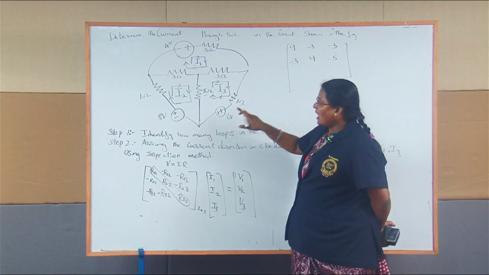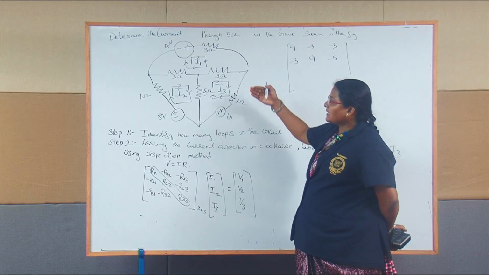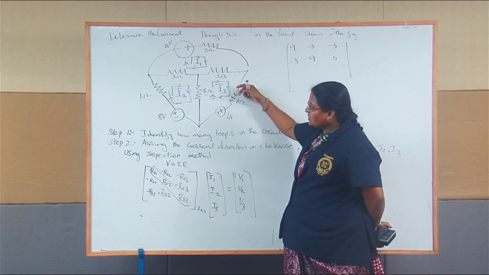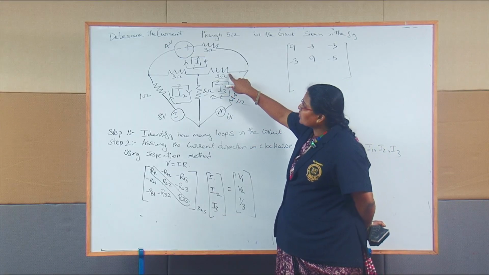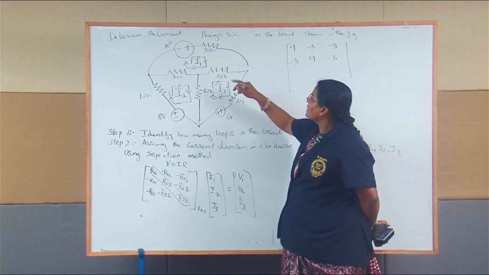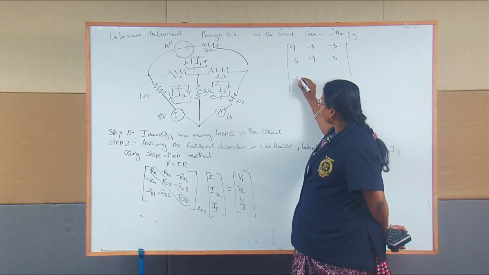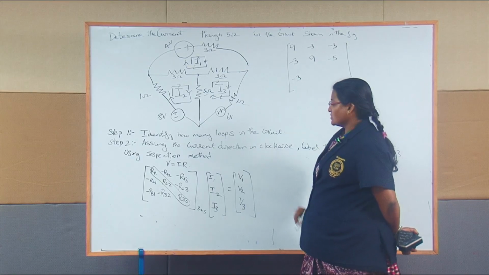Then R31 means the resistance shared by the third loop and first loop. So here 3 ohms, right? This is loop 1, this is loop 3. So 3 ohms, you have to mention minus 3 ohms.